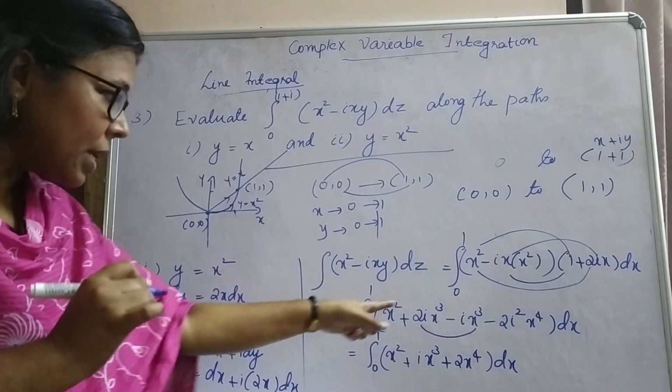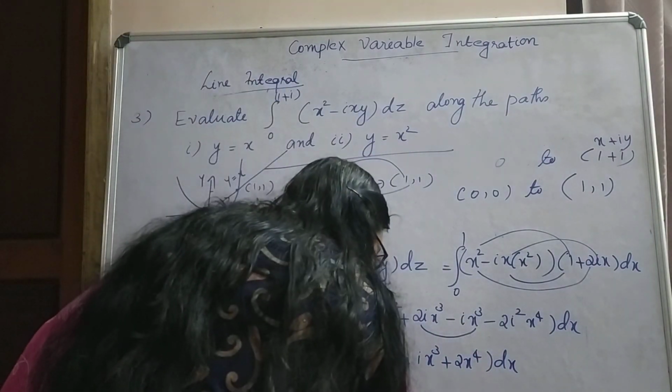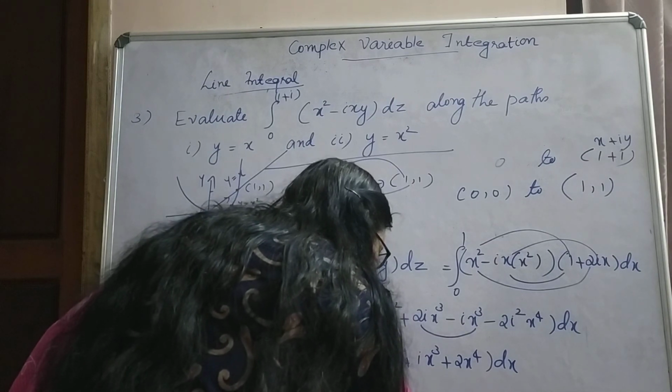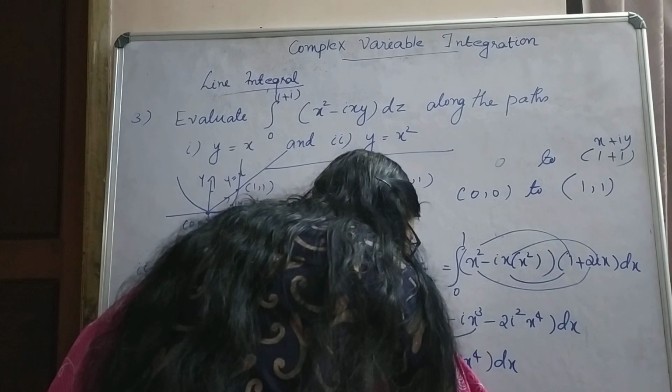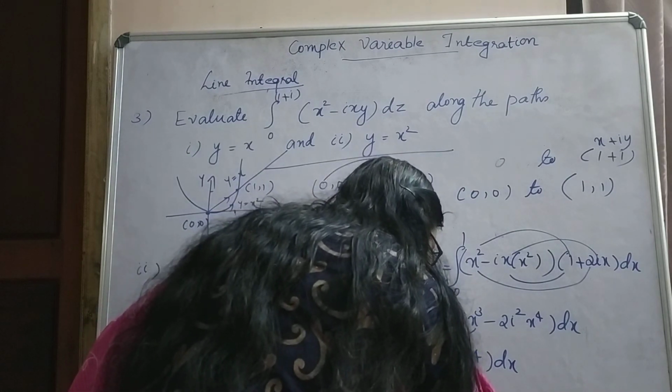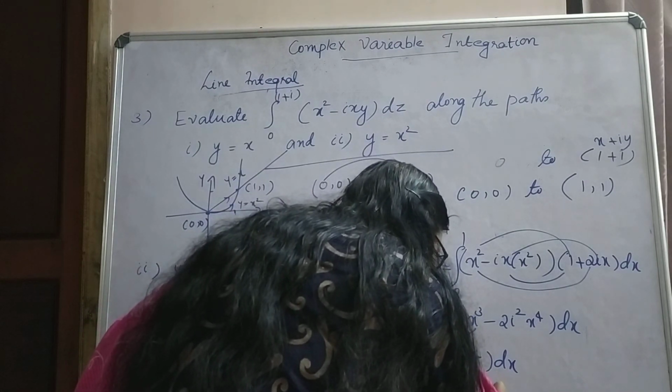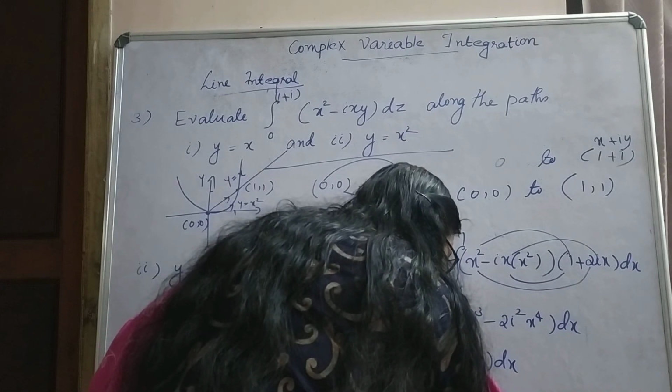Now we have to integrate this. Integral of x square is x cube by 3, plus integral of x cube is x raised to 4 by 4, plus 2 times integral of x raised to 4 is x raised to 5 by 5, limit 0 to 1.